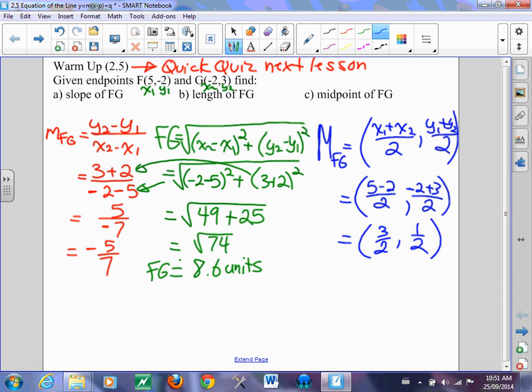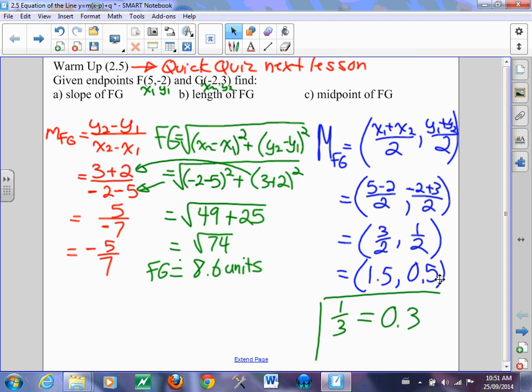Now, I'm okay with these being changed to decimals because they are what we call terminating decimals. So you could have 1.5 comma 0.5. But please, as a side note, be careful. If you have 1/3, please don't make that equal to 0.3 because it is not equal.